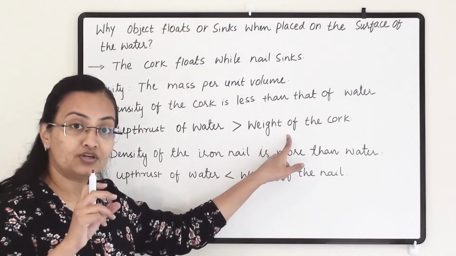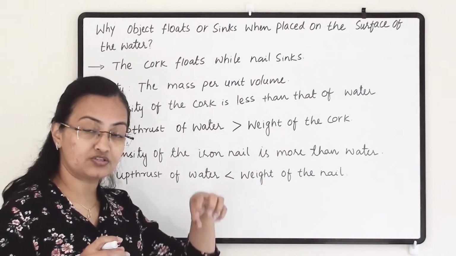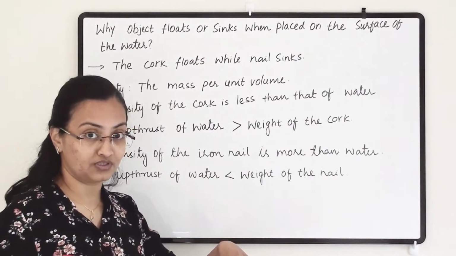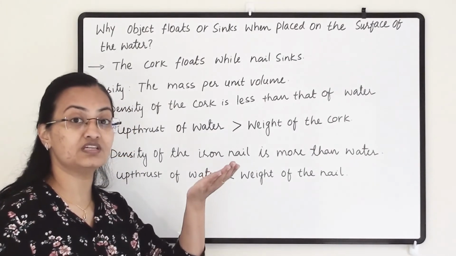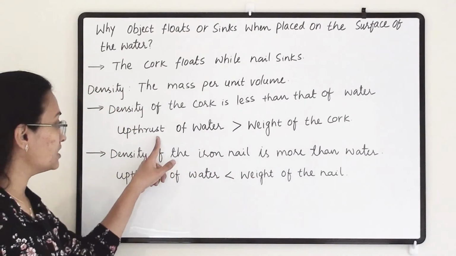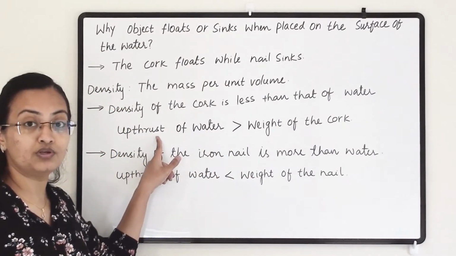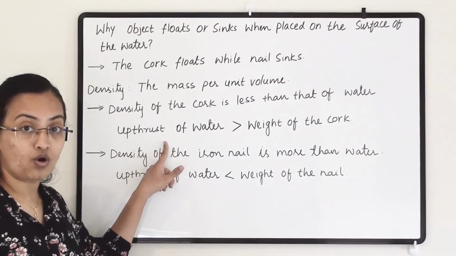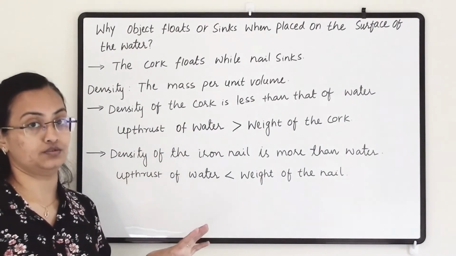The weight of the cork will pull it downward because of the gravitational force of the earth, but the upward force is higher and it is pushing it upward. So here the upthrust force of the water will be greater. That's why the cork will float on the water.